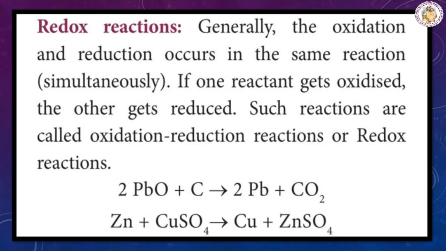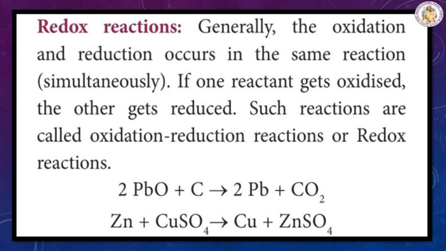Next is redox reactions. Generally, oxidation and reduction occur in the same reaction simultaneously. If one reactant gets oxidized, the other gets reduced. Such reactions are called oxidation-reduction reactions or redox reactions.